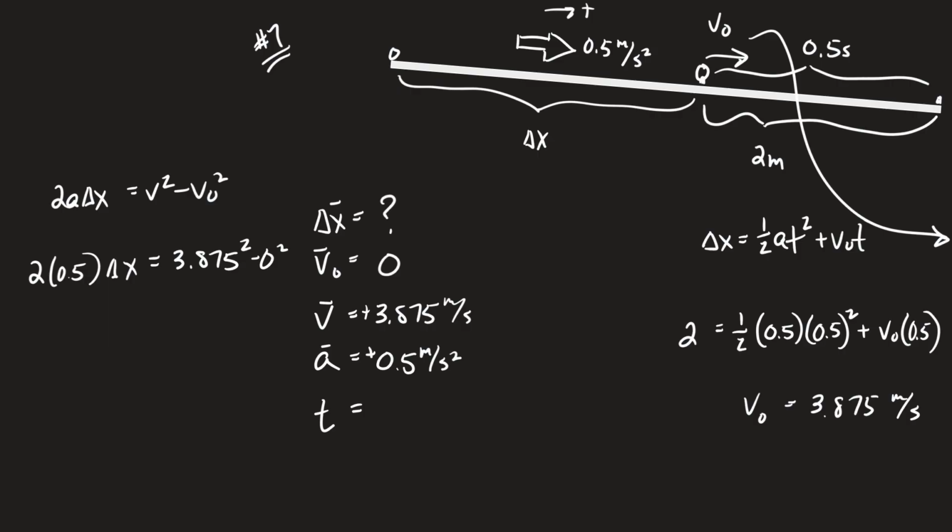All good? 2 times 0.5 is 1, so it's whatever 3.875 squared is. So something between 9 and 16, closer to the 16 than the 9. Yep, 15. I don't know, whatever. I assume you have a calculator. I don't think we have to worry too much about the actual.